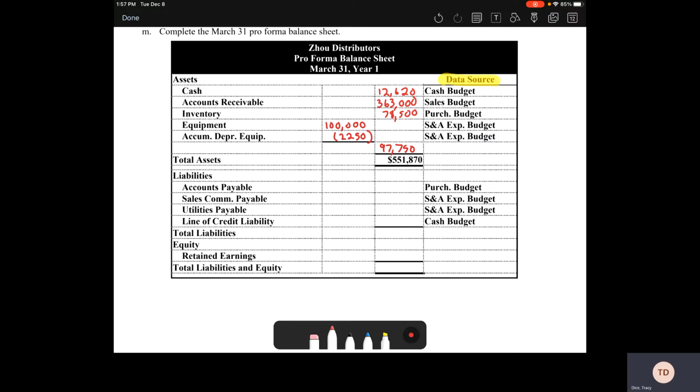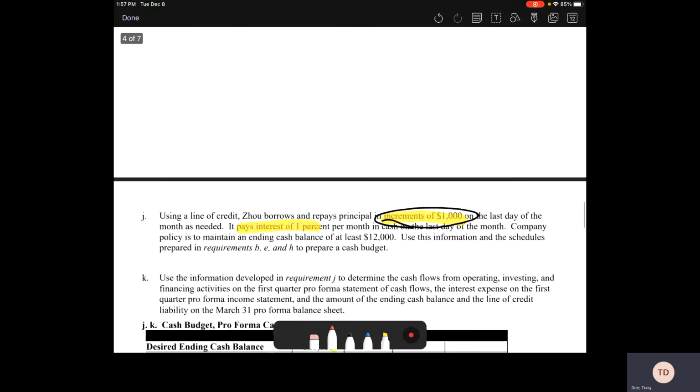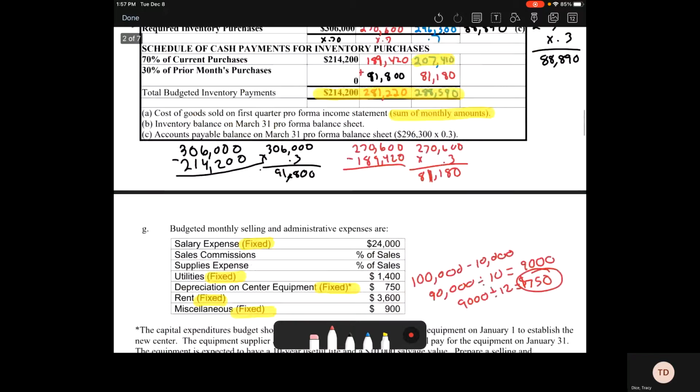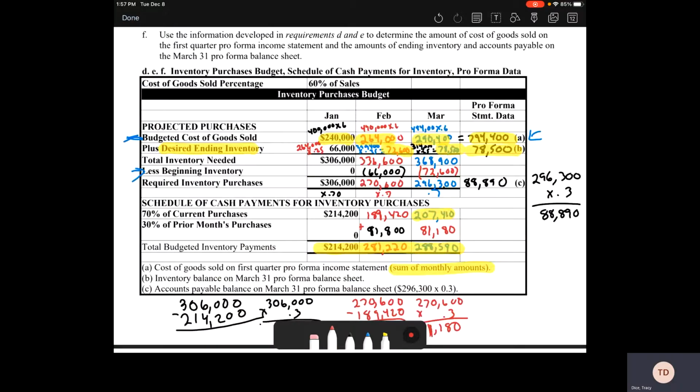Our accounts payable is going to come from that purchases budget again. So what do we have left to pay off? Here's my projected purchases, my required inventory purchases. We've paid off all of this stuff down here.